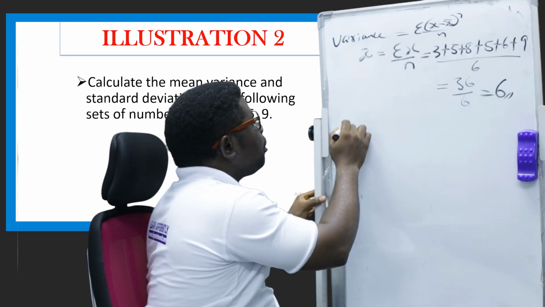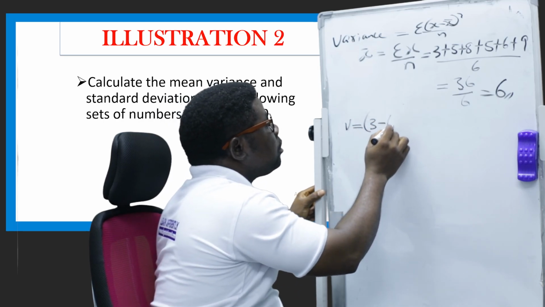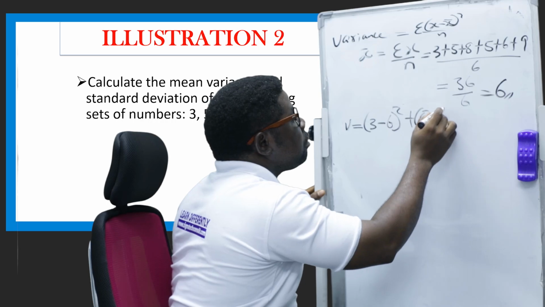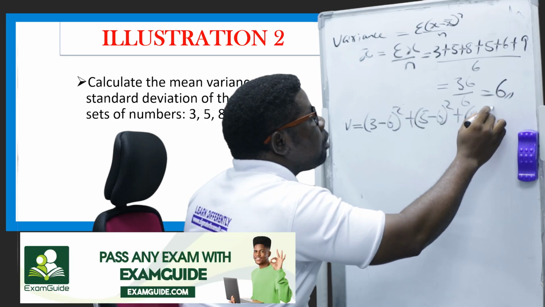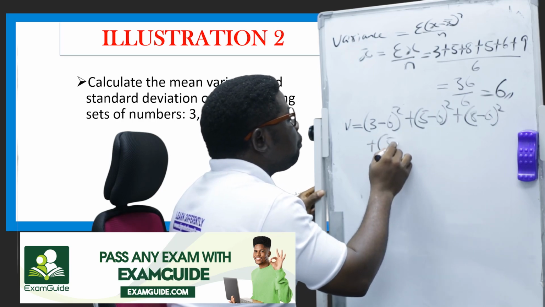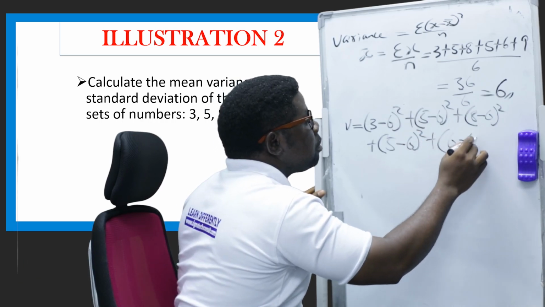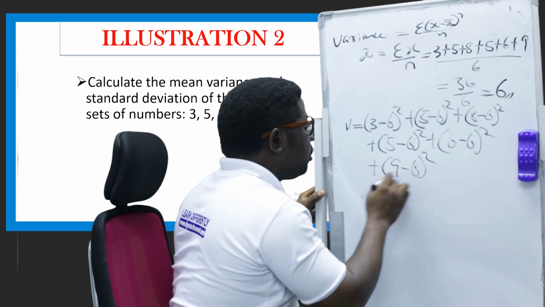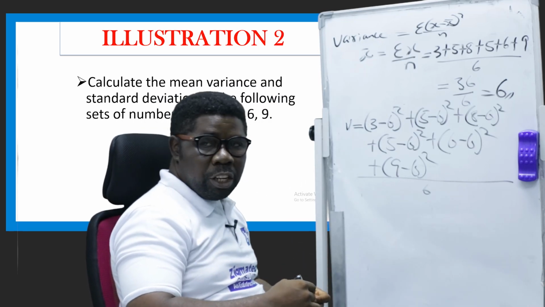So our variance becomes (3 minus 6) squared plus (5 minus 6) squared plus (8 minus 6) squared plus (5 minus 6) squared plus (6 minus 6) squared plus (9 minus 6) squared, all over 6.